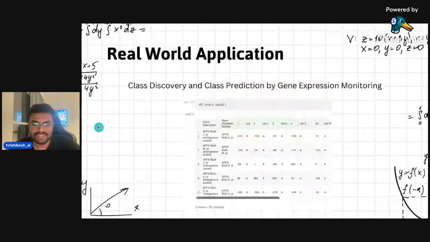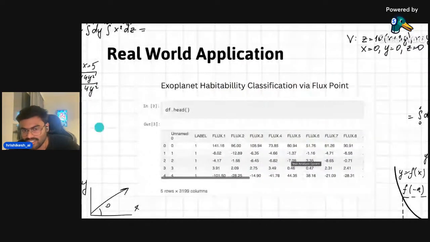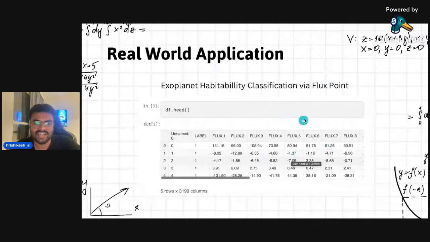Now, any other way out to work on this? If you might know, you can just write in the chat box. I can check. If I just provide this to you, what methodology would you take? Can you guess? I'm right now checking the comment section. If I just provide this data to you, what methodology would you think of?